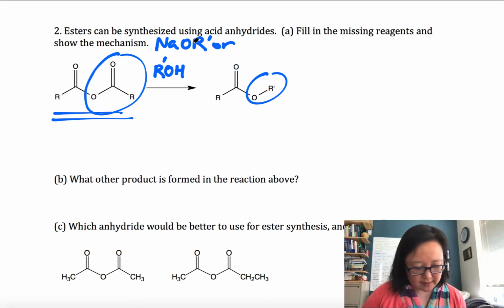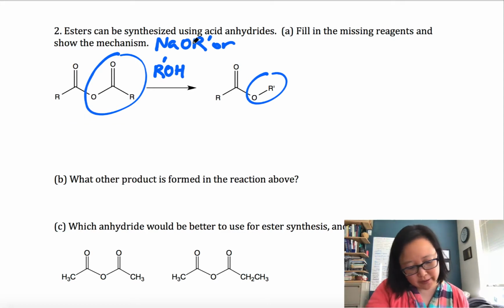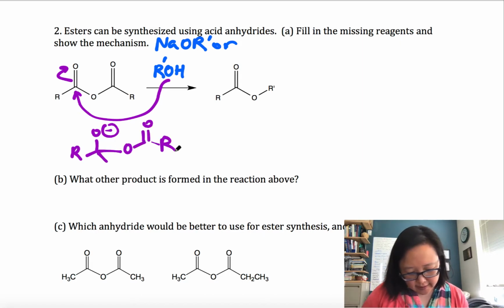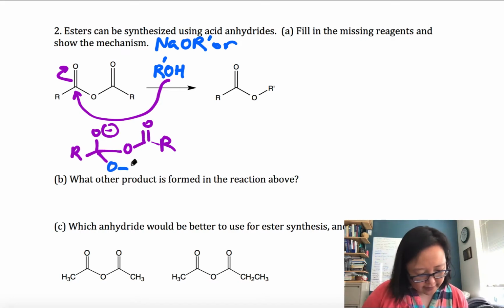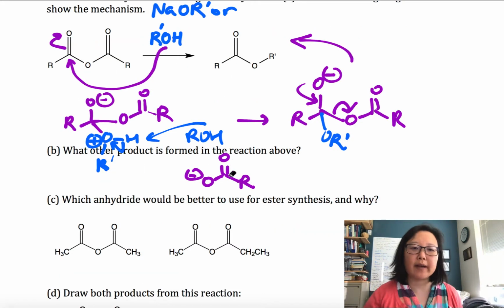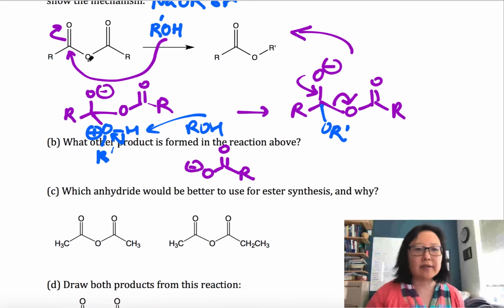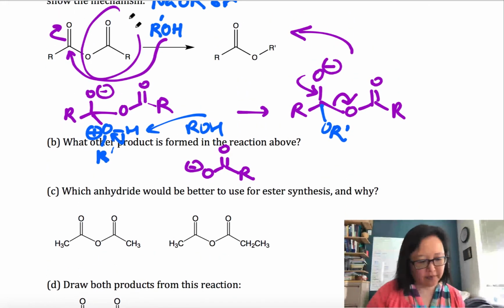So either one of these is fine. I'll show you with the alcohol. Okay, so the mechanism would be, I've got this acid anhydride here, and then I have the alcohol that attacked. The leaving group is a carboxylate ion with an R group. That comes from this anhydride.